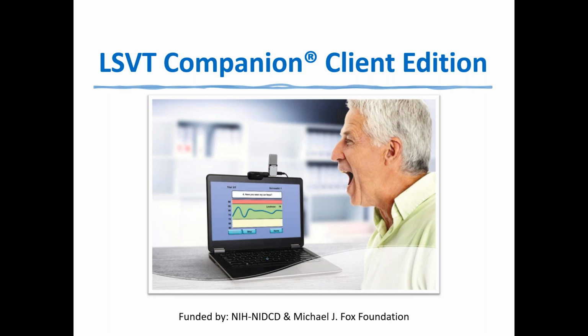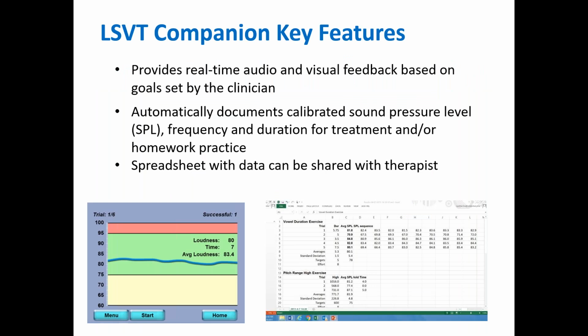So I'll specifically also talk about the LSVT Companion, and there's both a client edition and a clinician edition. This is a software system that can be used in conjunction with LSVT LOUD therapy. With the LSVT Companion, there are a few key features that can really help make it usable for at-home treatment sessions.